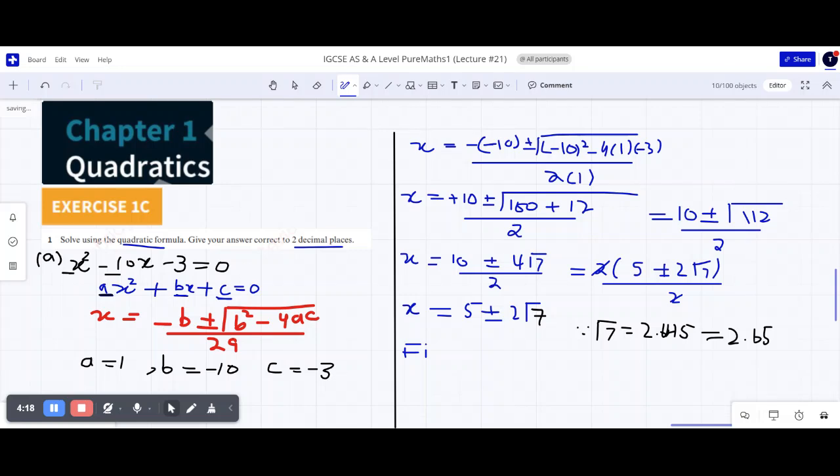First solution with positive: x equals 5 plus 2 times root 7, which is 2.65.